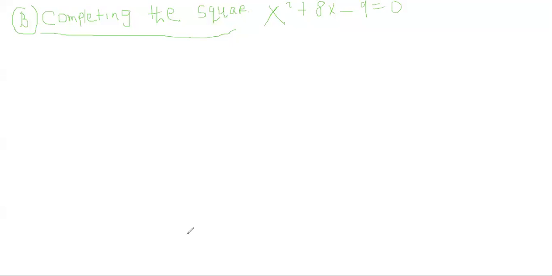And the formula says what? If we want to find the value of x here, we can use this formula, which equals minus p over 2 plus or minus, in bracket, p raised to the power of 2 over 4 minus q.